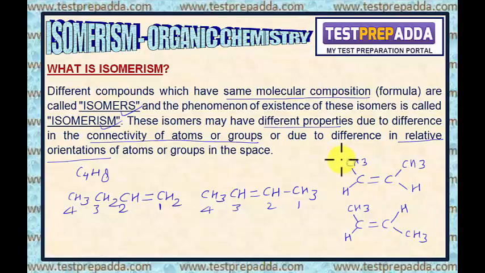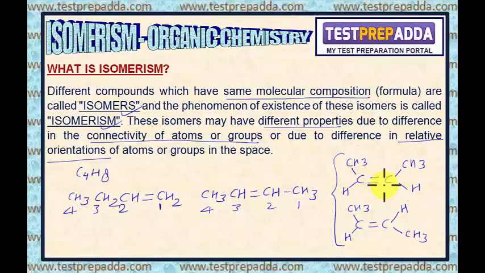Here you can see for these two, the connectivity is the same. The double bond is present at the second carbon only. Where is the difference? The difference is of relative orientations of atoms and groups.